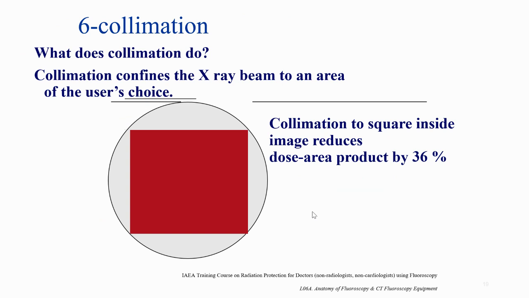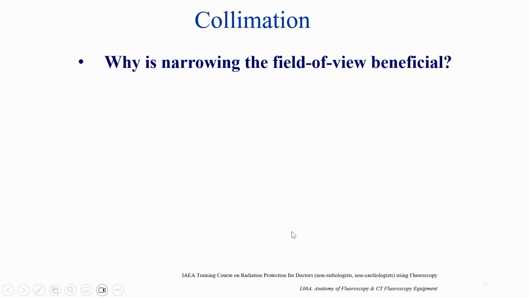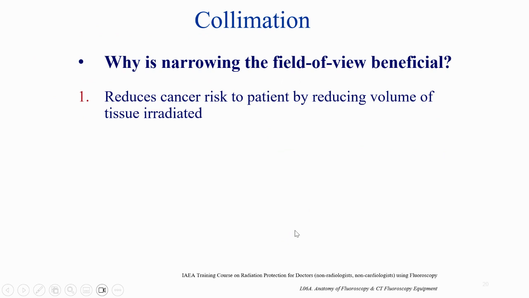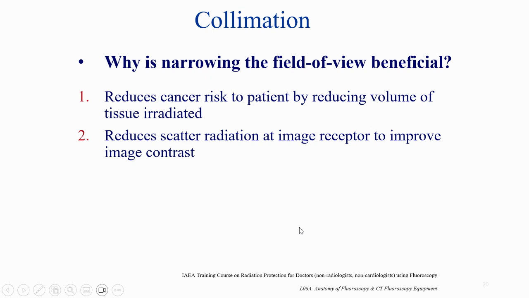Factor number 6, collimation. What does collimation do? Collimation confines the X-ray beam to an area of the user's choice. Collimation to a square inside the image reduces the dose area product by 36%. Why is narrowing the field of view beneficial? It reduces cancer risk to patients by reducing the volume of tissue irradiated.